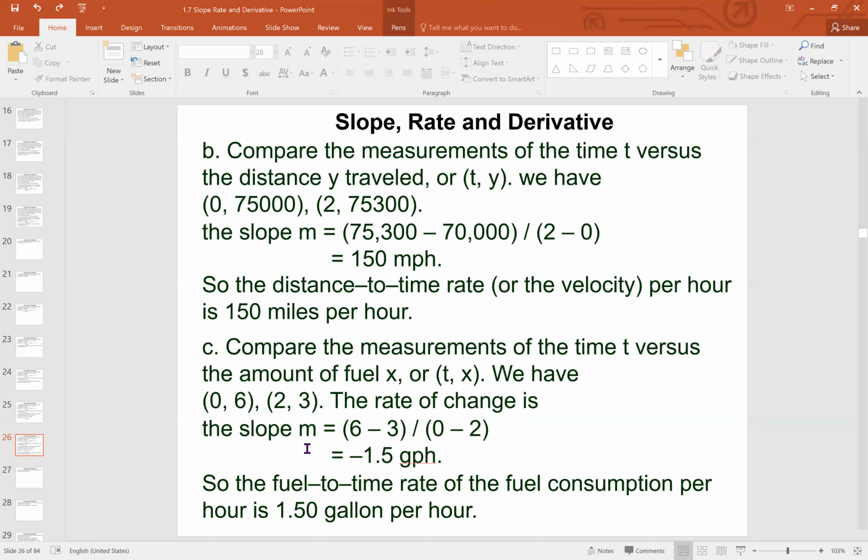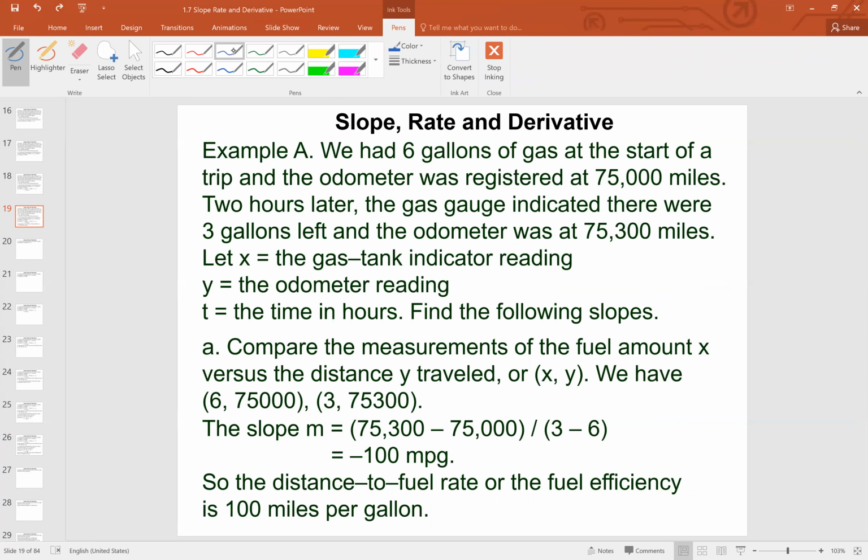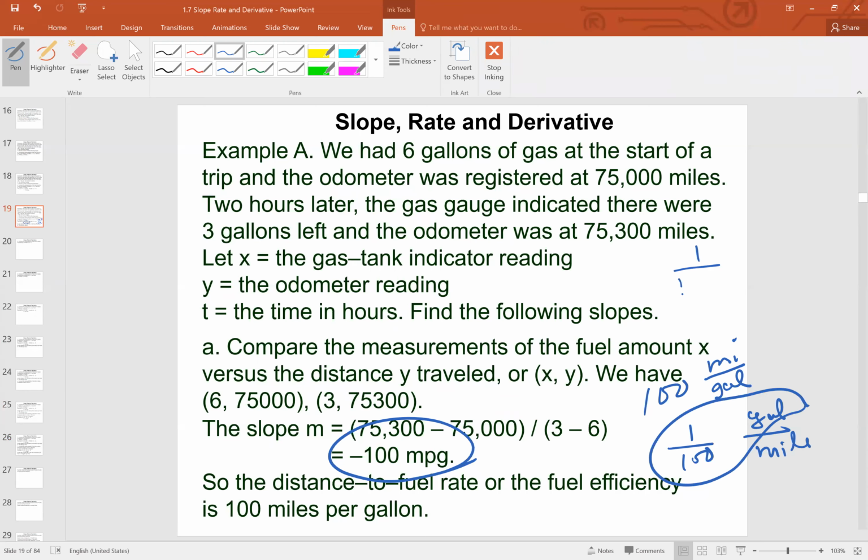If I look at this one, 100 miles per gallon, and reciprocate it, I get 1/100 gallon per mile, which means we spent one hundredth of a gallon of gasoline per mile.